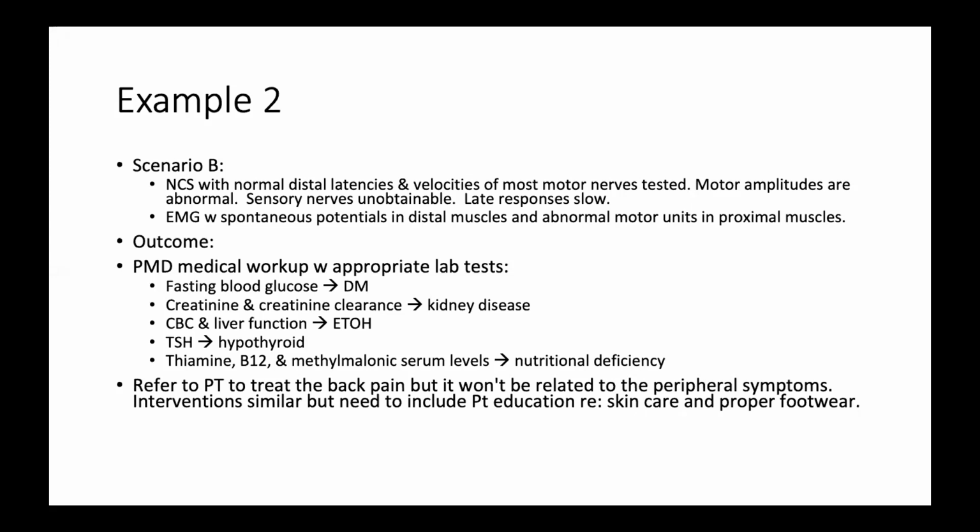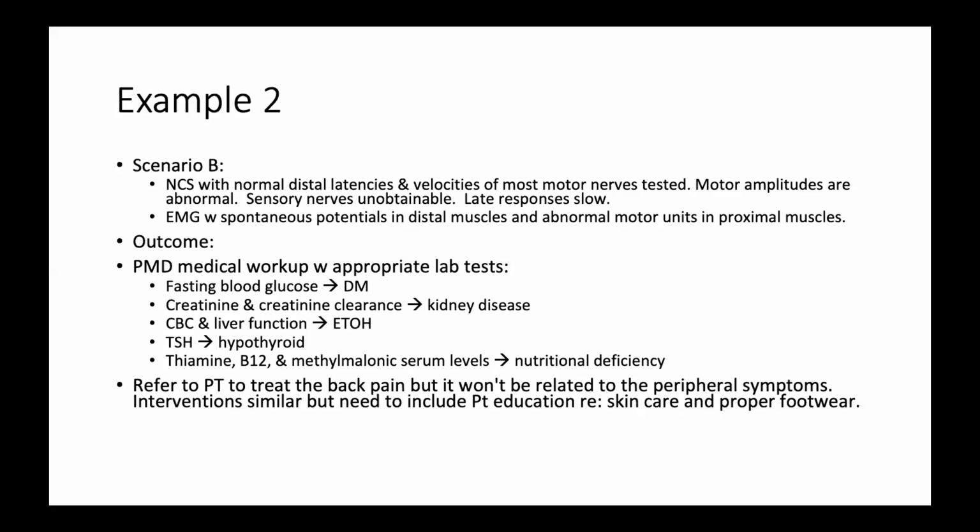So the impression was that he didn't really have signs of conclusive radiculopathy, but he had a polyneuropathy because all nerves were affected and in multiple areas in multiple limbs. So he had evidence of chronic and acute findings.